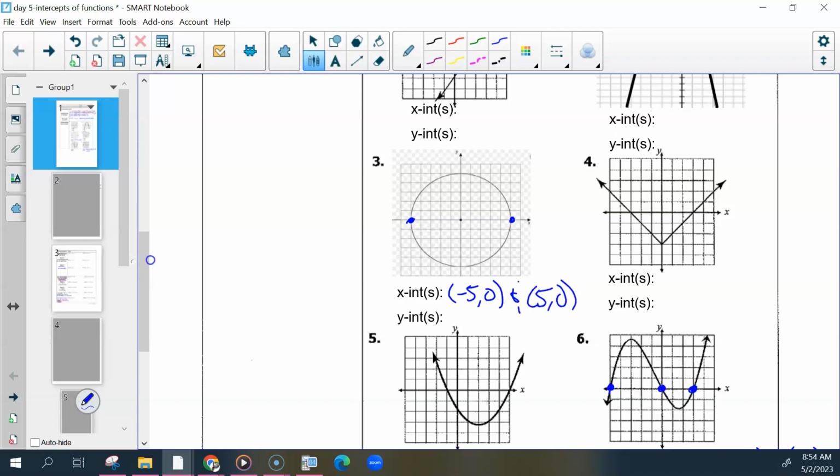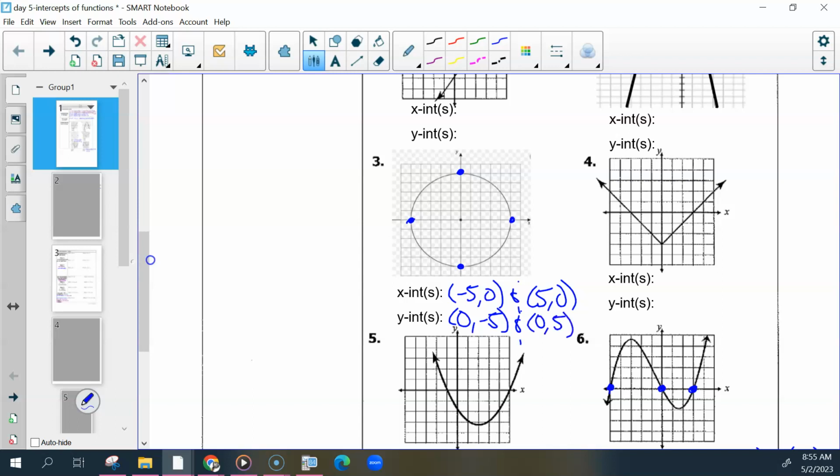Where does this cross the y-axis? Except the numbers will switch, so it's 0 first this time, and 0, 5.